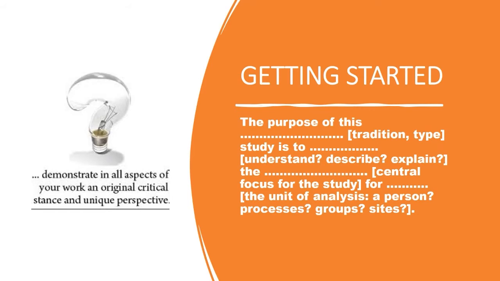And then the unit of analysis: the person, the group, the site. So there's a formulation that you can use to describe what your study is all about. And I say they demonstrate in all aspects of your work an original critical stance and a unique perspective.